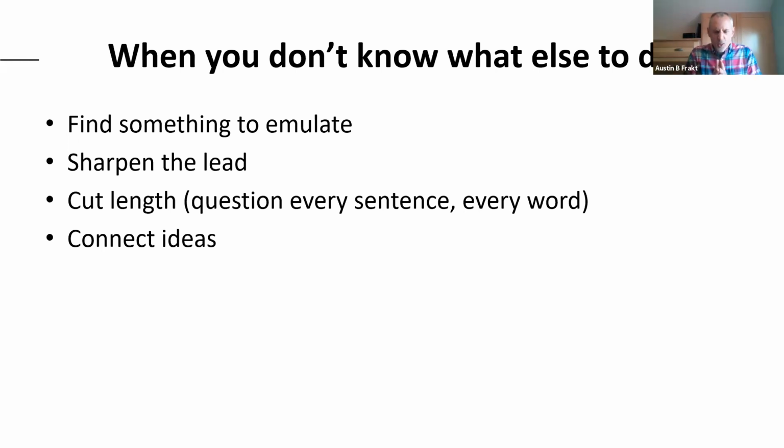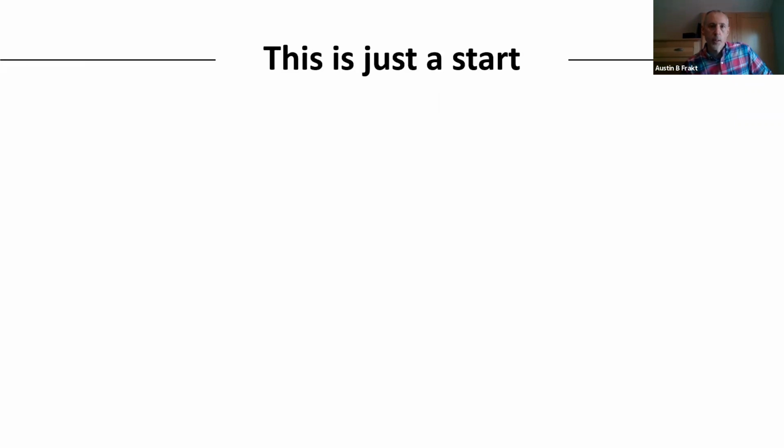I could cut this word, or rearrange and lose three words, or could this be a simpler word? You could just do that and it will get better. And then try to look for connected ideas through the topic sentences and through some kind of repeated idea that pulls the reader through the piece.